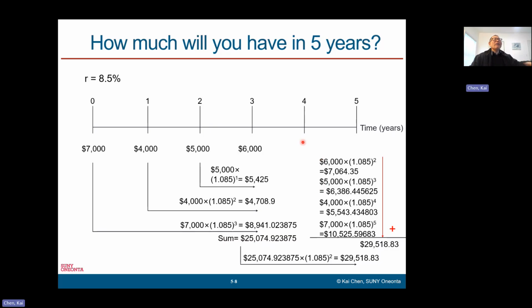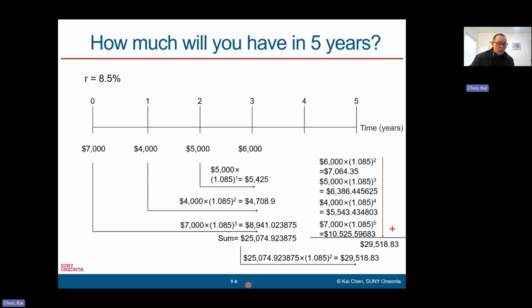In this case, of course, we don't have to calculate. After we have the results in the first question, we don't have to calculate the future value of these 4 cash flows at the end of year 4, one by one. We can use this result.